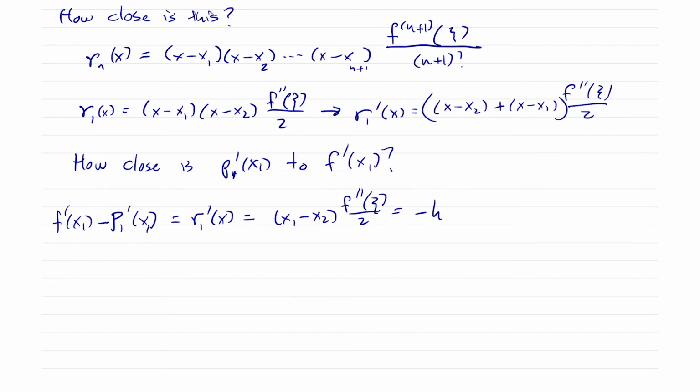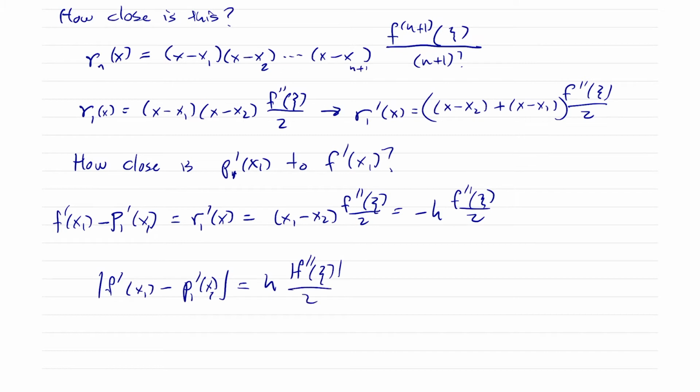And so altogether that gives us minus h times f double prime of c over 2. And if I put everything in absolute values, then we see that f prime of x1 minus p1 prime of x1 is equal to h times f double prime of c over 2.